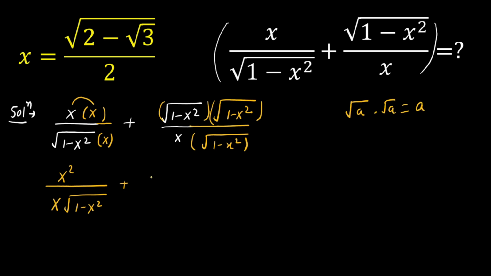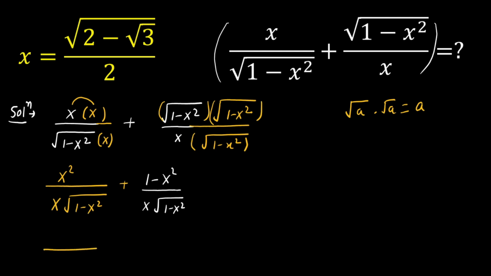By using this rule, square root of 1 minus x square multiplied by square root of 1 minus x square is 1 minus x square, divided by x times square root of 1 minus x square. Here this is like a fraction.